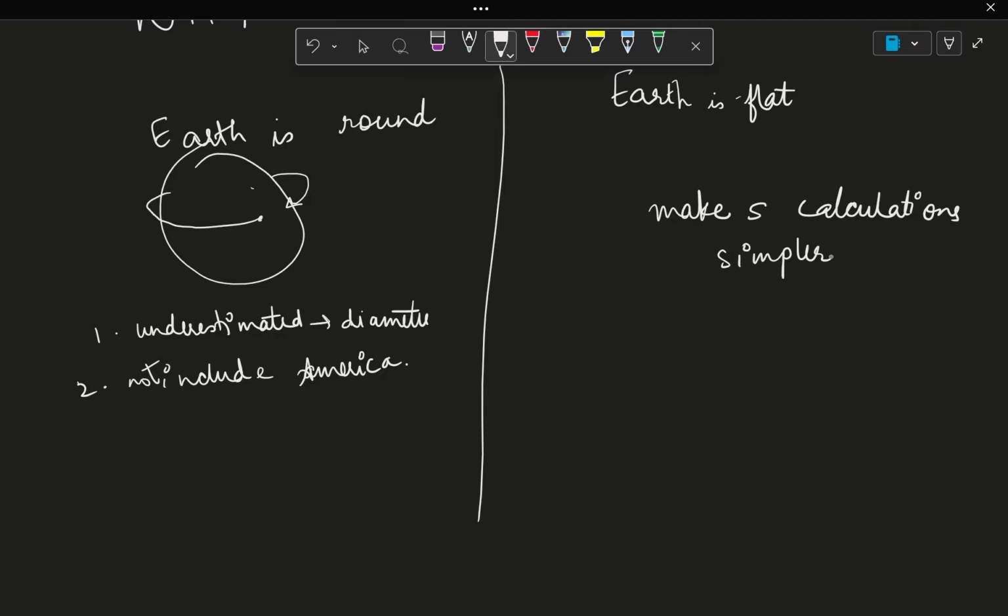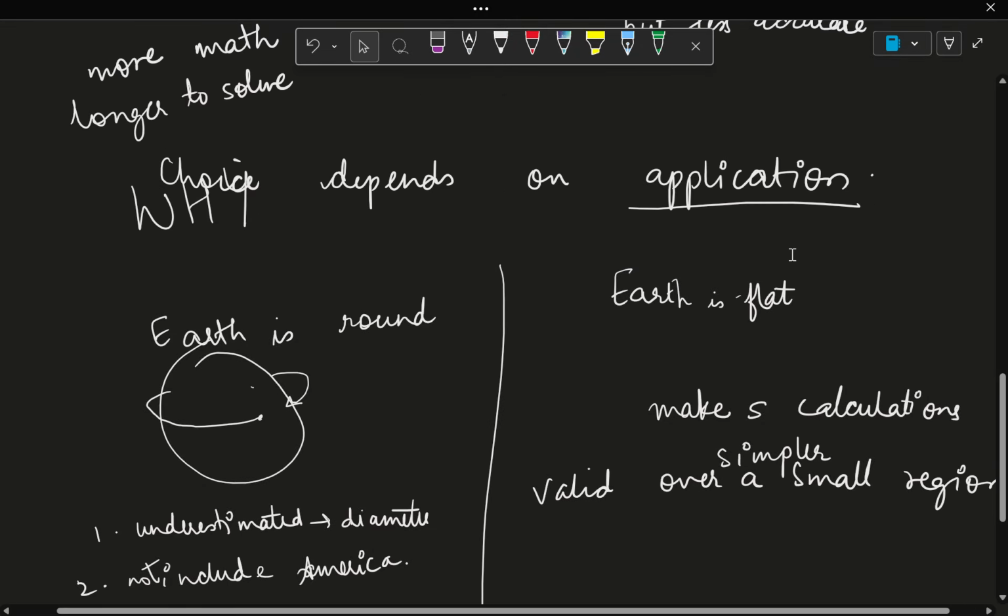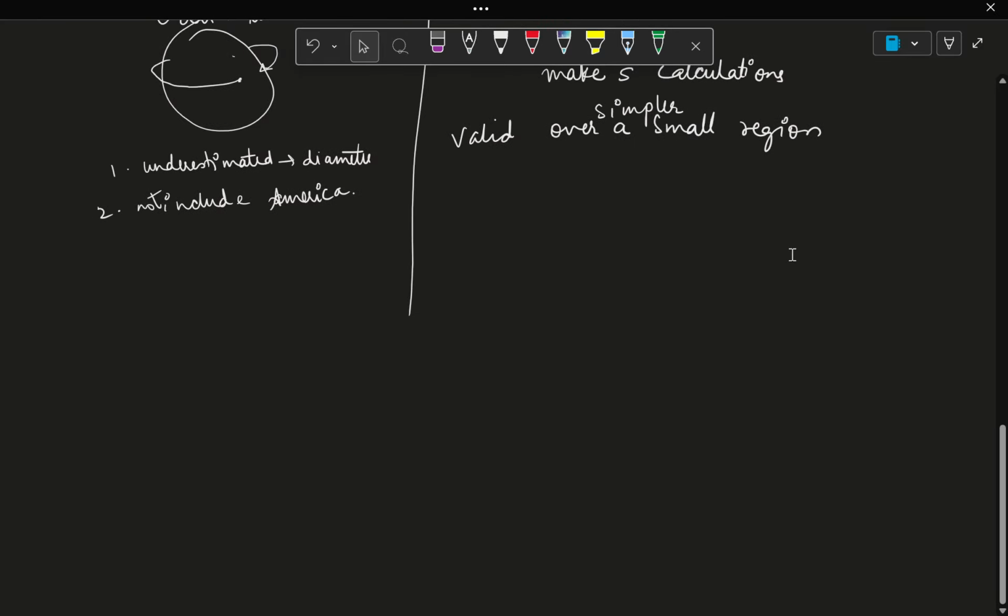Mathematically, this is a linear approximation of the more accurate spherical Earth model, and that is valid over a small region. In electrical engineering, this idea is similar to using a small signal model or an incremental linear model, where a complicated system is approximated by a simpler linear model within a limited operating range.